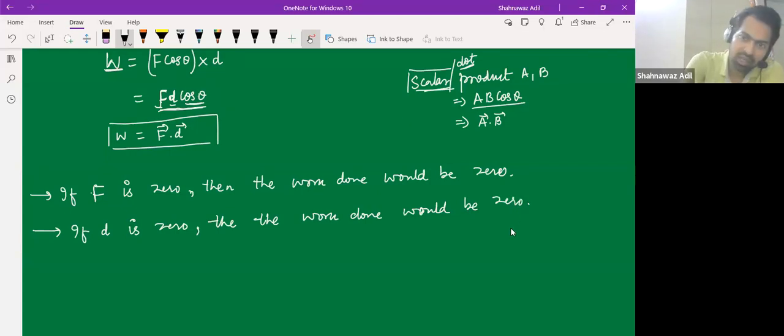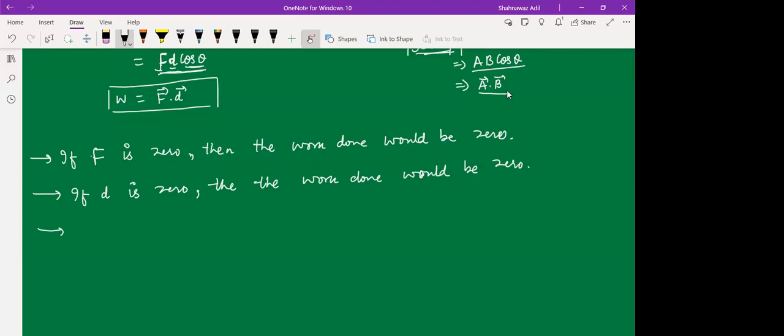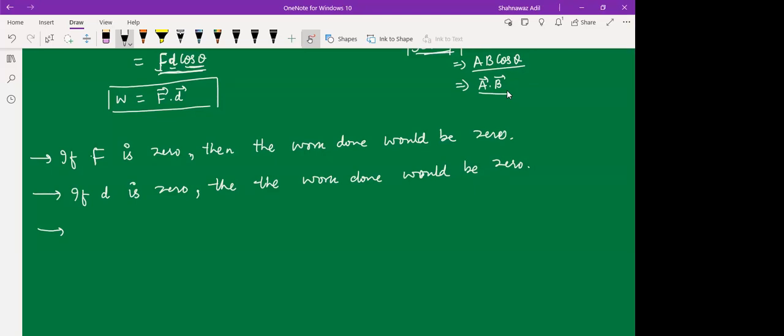Also, can you tell me when your dot product is zero? When A and B are perpendicular. Absolutely right.